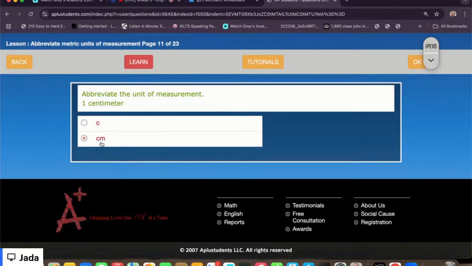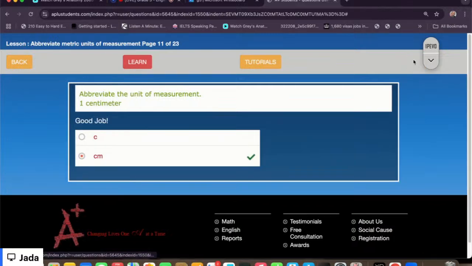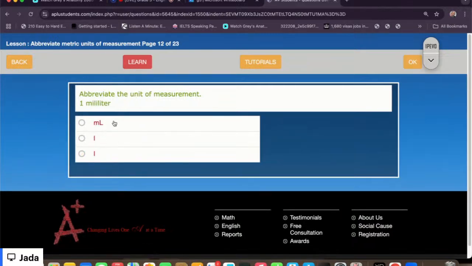So cm. Okay, good. So we have 1 milliliter. So what is it for the 1 milliliter?